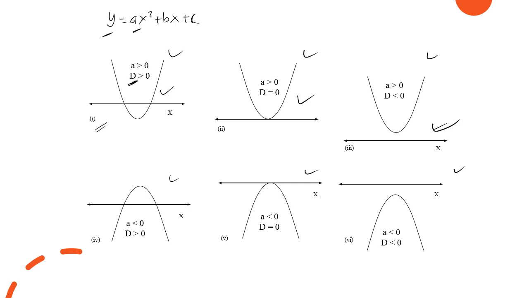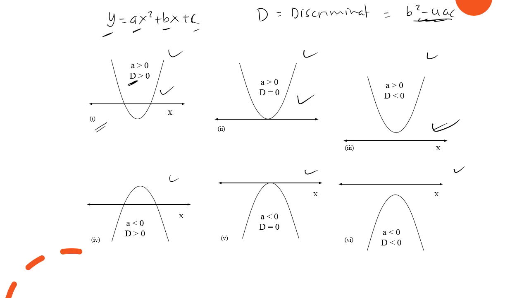What does D stand for? D is the discriminant. Discriminant is b squared minus 4ac. B and c are here. B is always the coefficient of x with exponent 1, and c is the term without x.